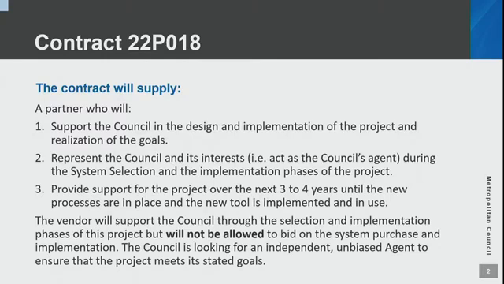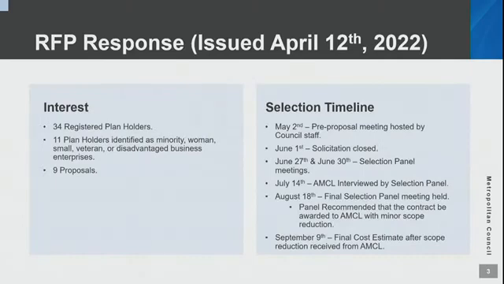And for that reason, the vendor that we are looking for through this contract will not be allowed to bid on the second contract within the project, which will be for the purchase and implementation. They will be a completely independent vendor that will represent our interests throughout the project to make sure that we derive the goals that we want.